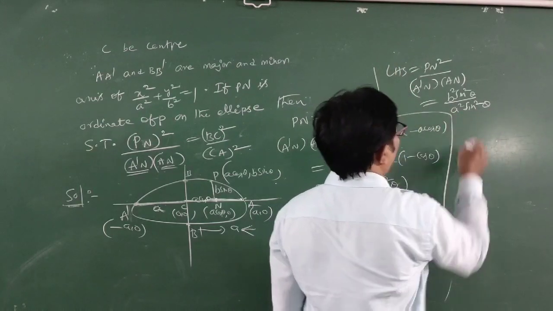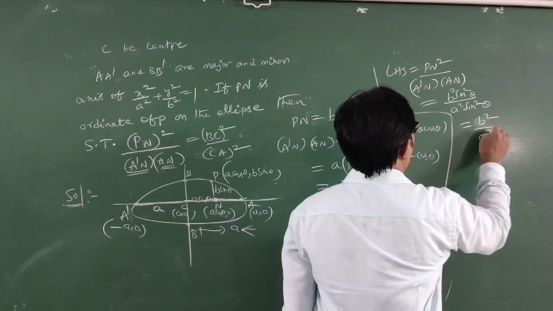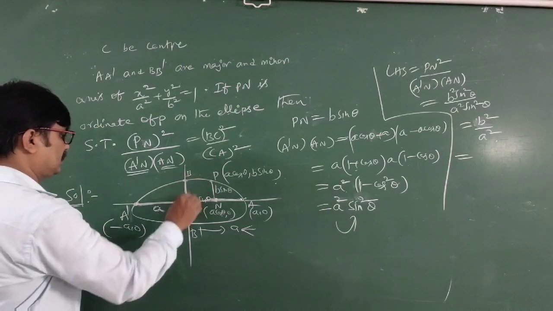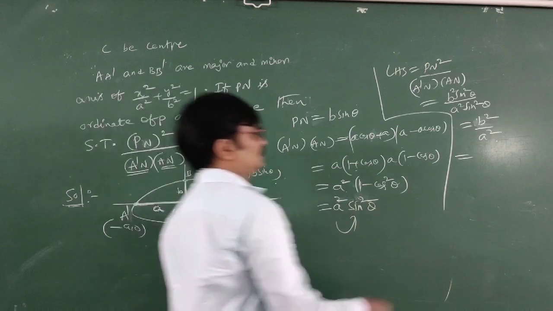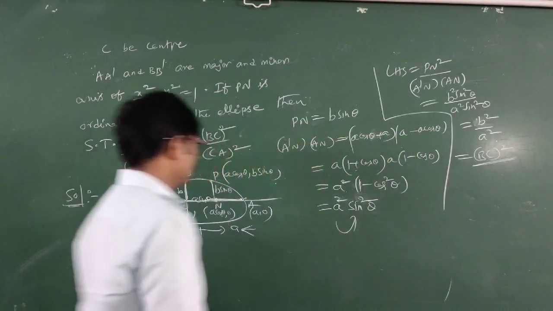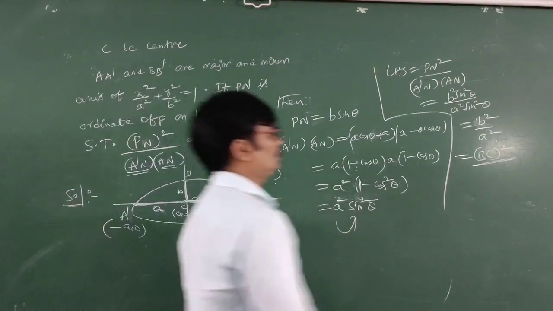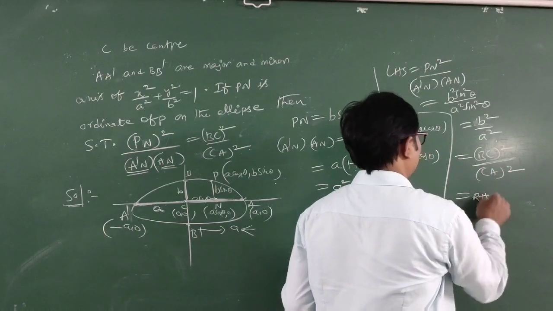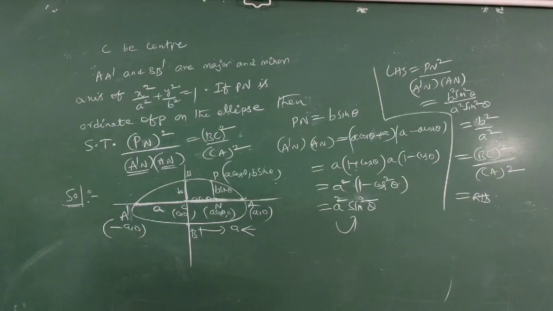So students, what you observe? B square by A square. What is small b? Small b is the length BC, so BC whole square. What is small a? This is CA. BC whole square by CA whole square. This is the right hand side. Is it clear, students? Write down.